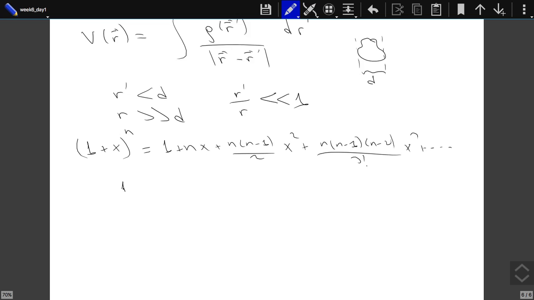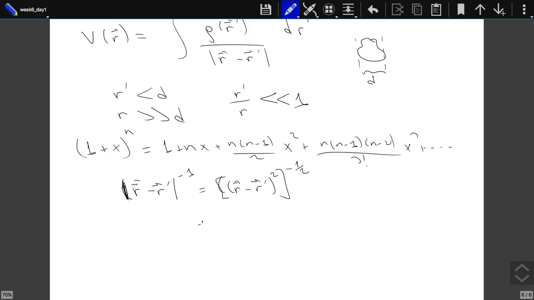Now let's look at this function over here. r minus r prime raised to the power minus 1. This is equal to r minus r prime squared raised to the power minus 1/2.